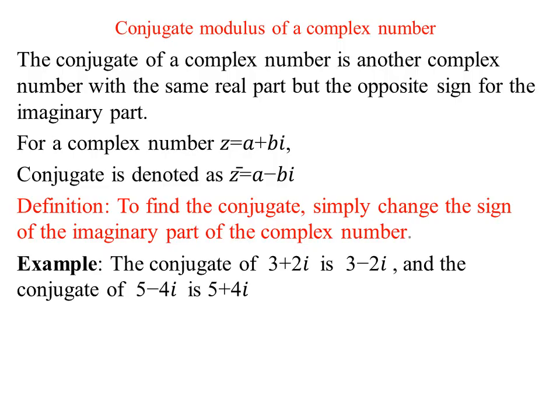To find the conjugate, simply change the sign of the imaginary part of a complex number. The conjugate of 3 plus 2i is 3 minus 2i and the conjugate of 5 minus 4i is 5 plus 4i.